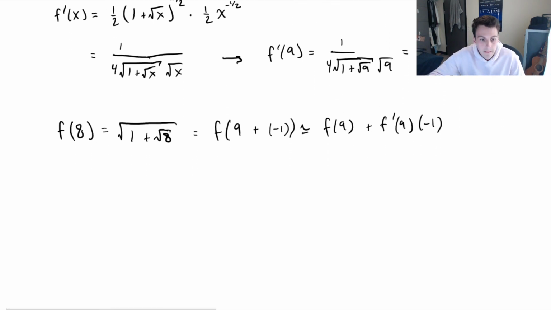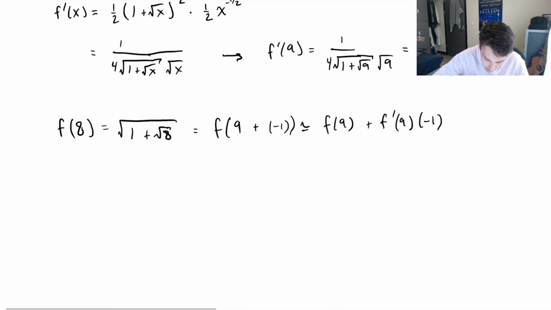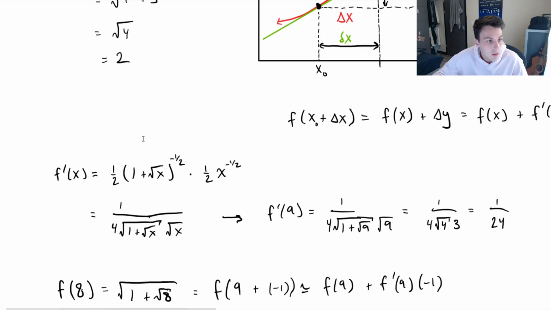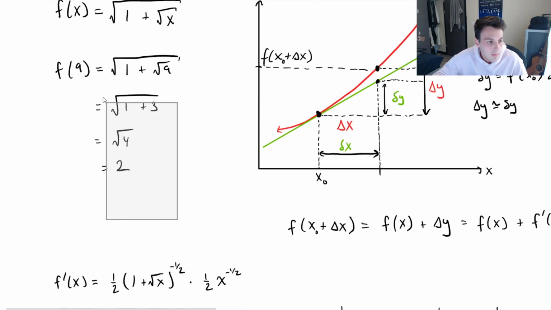So what's left? We just need to plug this in, right? So we know f of 8 is roughly equal to, well, f of 9 we found was 2, right there.